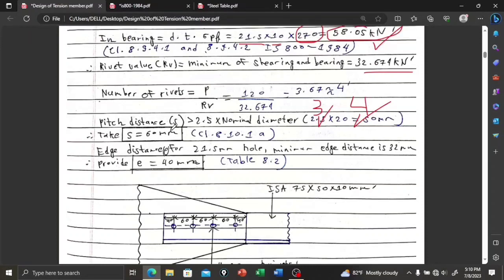So pitch distance: minimum pitch distance is 2.5 times nominal diameter. If the force is acting in this direction, then pitch is the distance parallel to the force, and this is the center to center distance between two consecutive rivets.